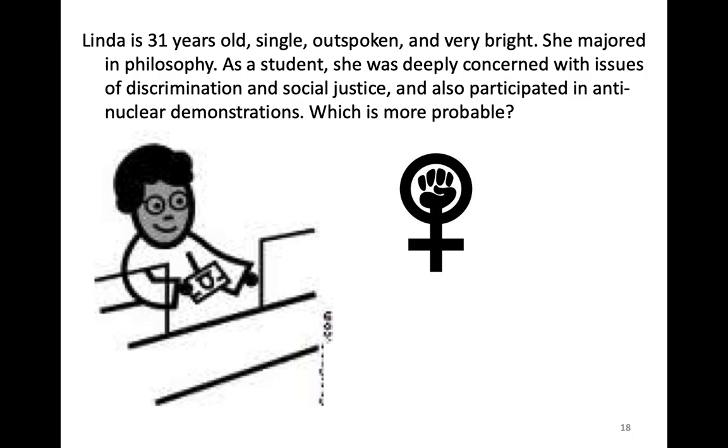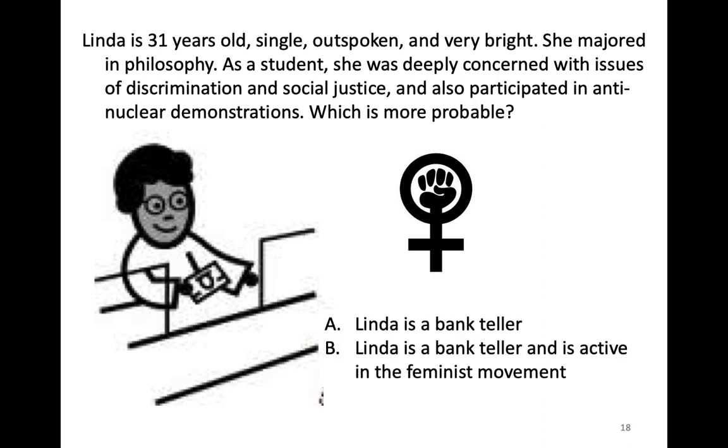Which is more probable? A, that Linda is a bank teller, or B, Linda is a bank teller and is active in the feminist movement. In other words, that she's a feminist. Okay, so think about that description of Linda, and then think about whether you think A or B is more probable. That is, what is more likely to be true.